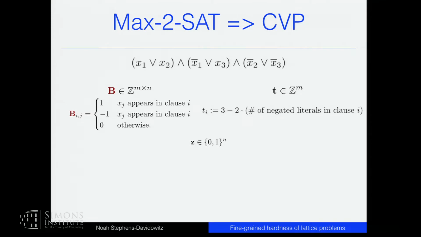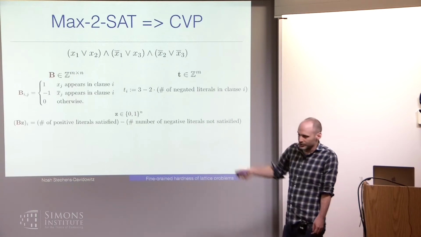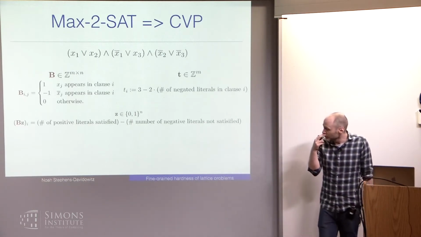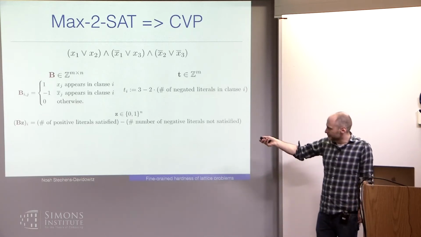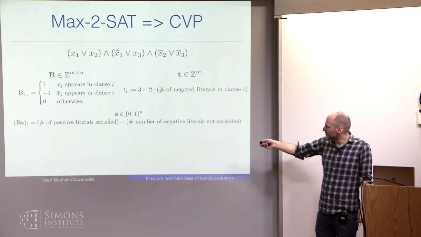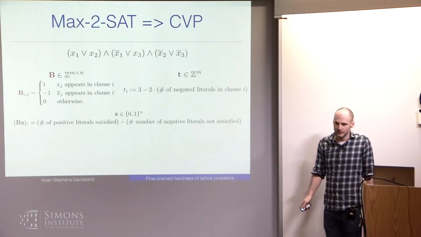But suppose you have some 0,1 vector z, and you look at the lattice vector whose coordinates are given by z, and you look at the ith coordinate of that. You stare at this for a second, and you see that it's going to be the number of positive literals satisfied minus the number of negative literals not satisfied by z, if we view z as an assignment to the variables. Are you guys with me?